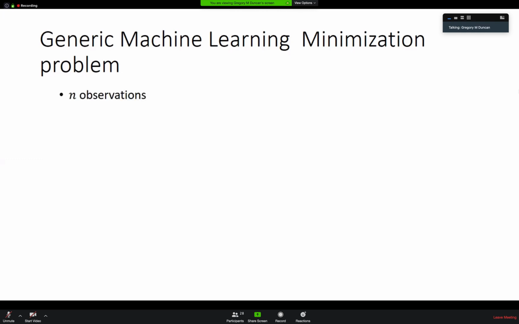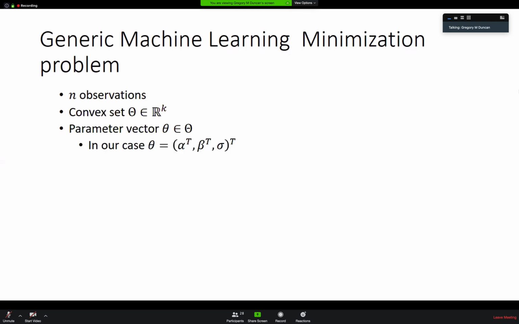Okay, and here's the generic problem. We have n observations. We have a convex set, which will be our unknown parameters. We have a parameter vector in that set. We'll have a convex function of the thetas that depend on the observations.